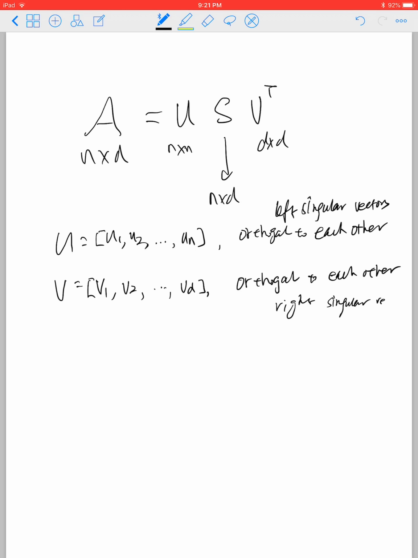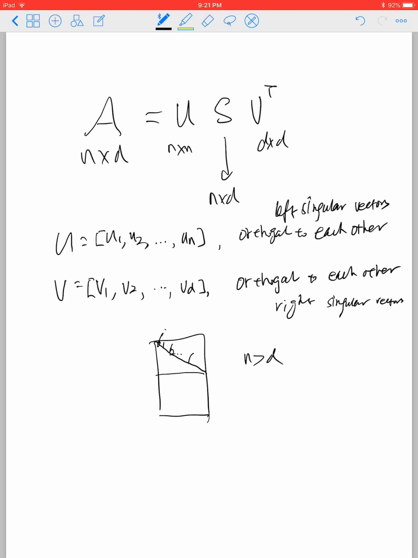As we emphasized many times, orthogonal matrices mean that all their columns are orthogonal to each other. If we write U in terms of its columns, U1, U2 to Un, U is an n by n matrix, which means it contains n columns, and all those columns are orthogonal to each other.